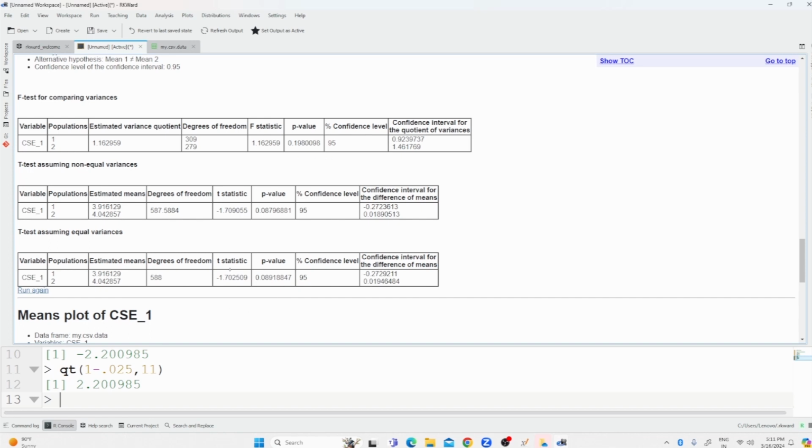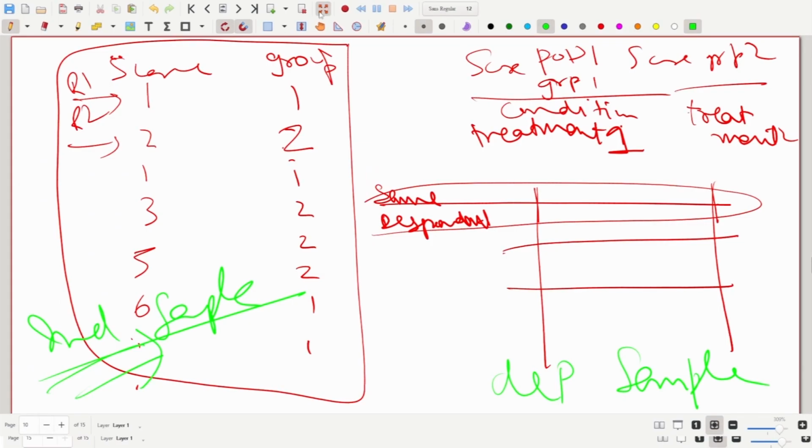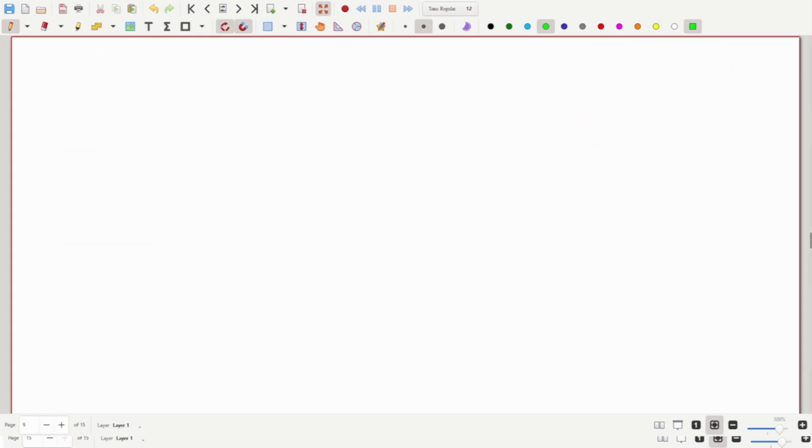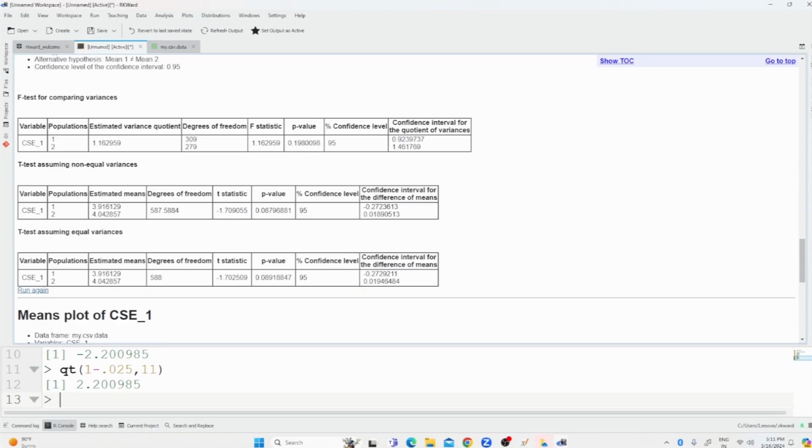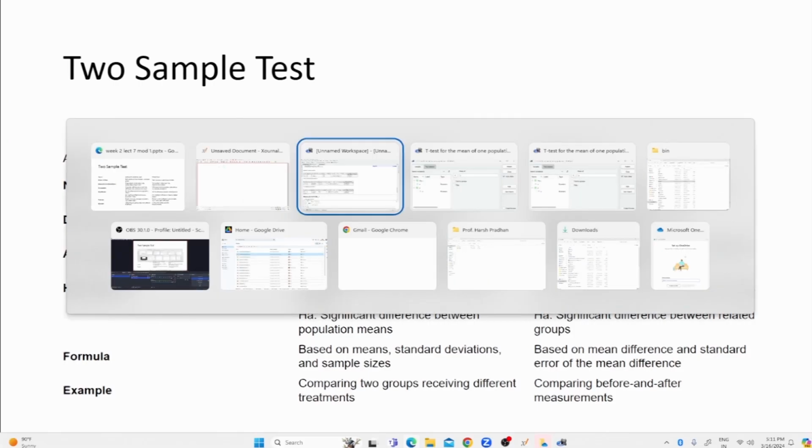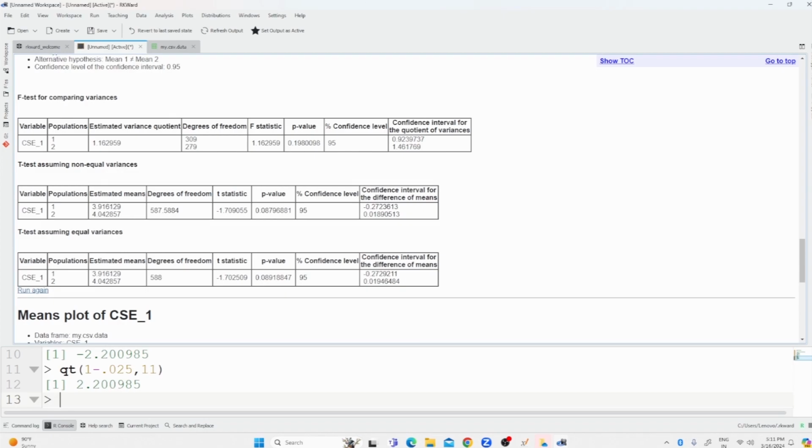Because the p value is 0.891, confidence level is 95. Now does this interval contain 0? The confidence interval which we are talking about is minus 0.272001.